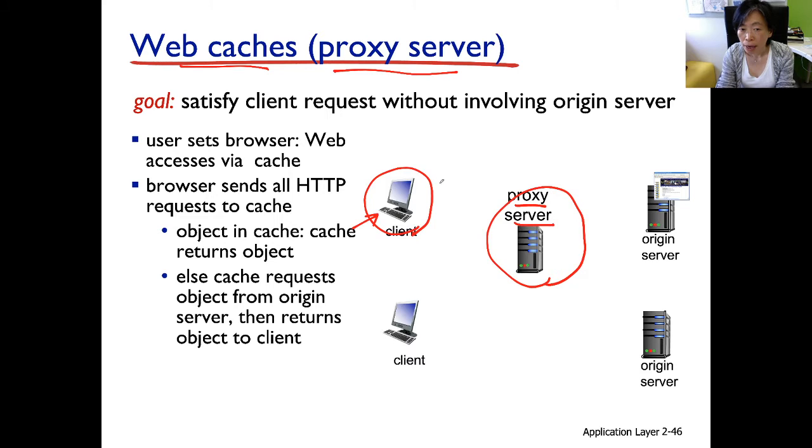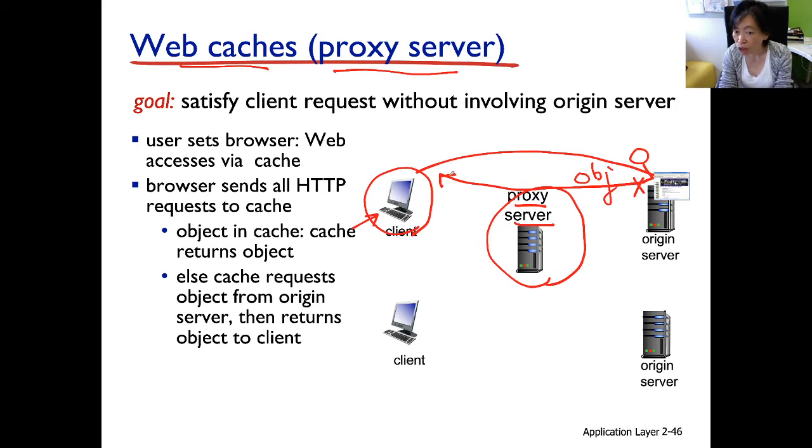In conditional GET, we still need to send HTTP requests to the original server. It's just that the original server decides whether to send the object with it or not in the response. Sometimes yes, sometimes no. So we save a little bit of delay and bandwidth this way.